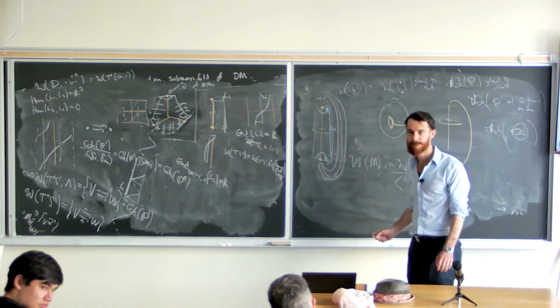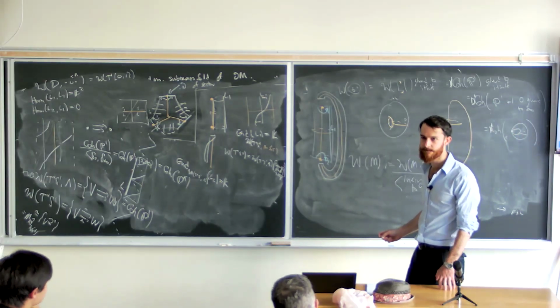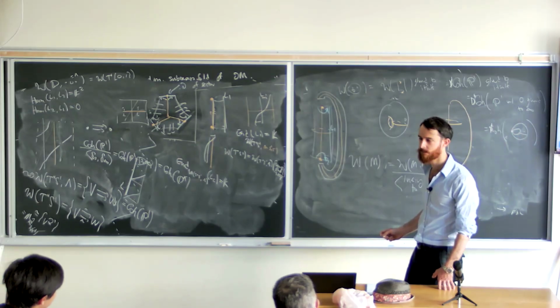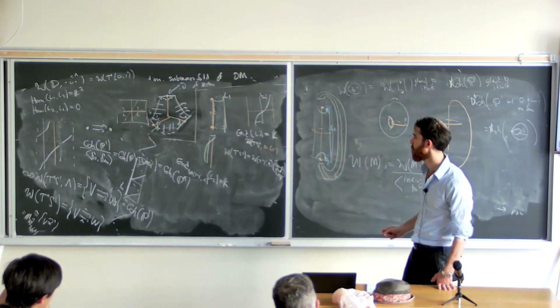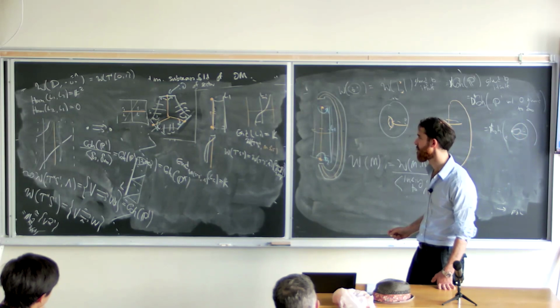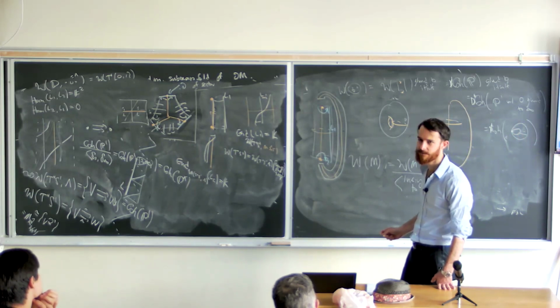Can you just quickly recap again what the categorical advantages were of the Fukaya category for the non-wrapped one? Well, I would say it's a smooth category.